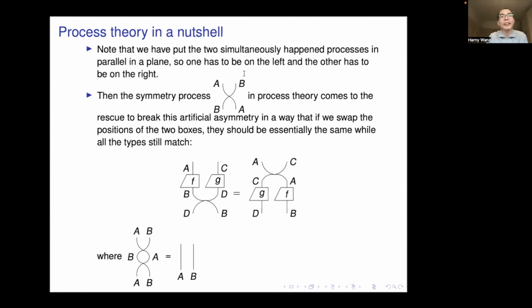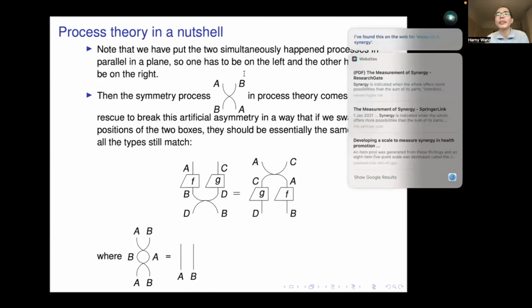Because we write them down in a plane, although we said they happen simultaneously, when we write them down, one has to be on the left and the other has to be on the right. So which one should be on the left, which on the right? It's kind of artificial. This is a kind of artificial asymmetry. What do we do with this artificial asymmetry?